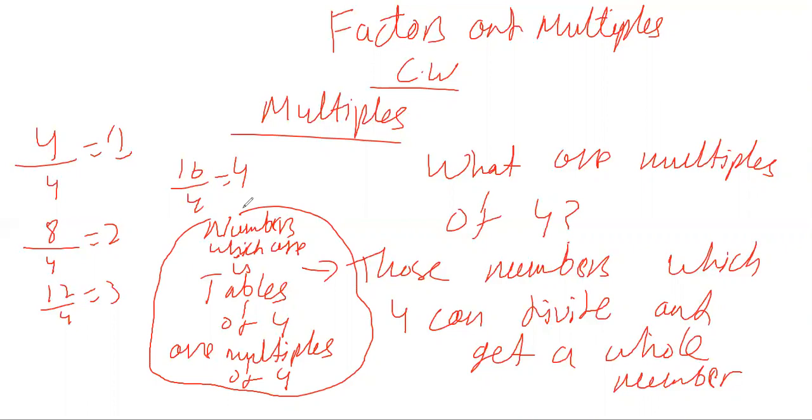Those numbers which are in the table of 4. Is this clear? All those numbers which are in the table of 4, or numbers which 4 can divide, numbers which can be divided by 4 without any remainder. Is it clear to everybody?